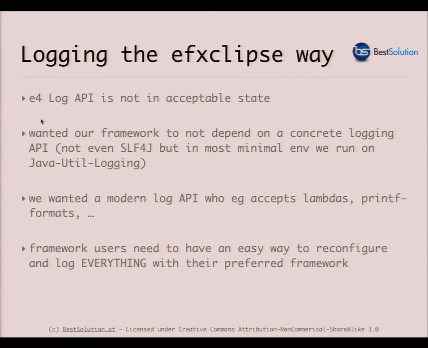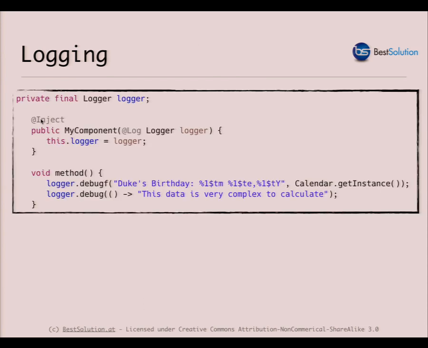We wanted that if you configure a logger for your system, say I'm using log4j, the FXClipse system, like with SLF4J, would as well log through the same framework your application is logging through. That's the important fact. So how does it look like? Our logger, we can inject a logger.